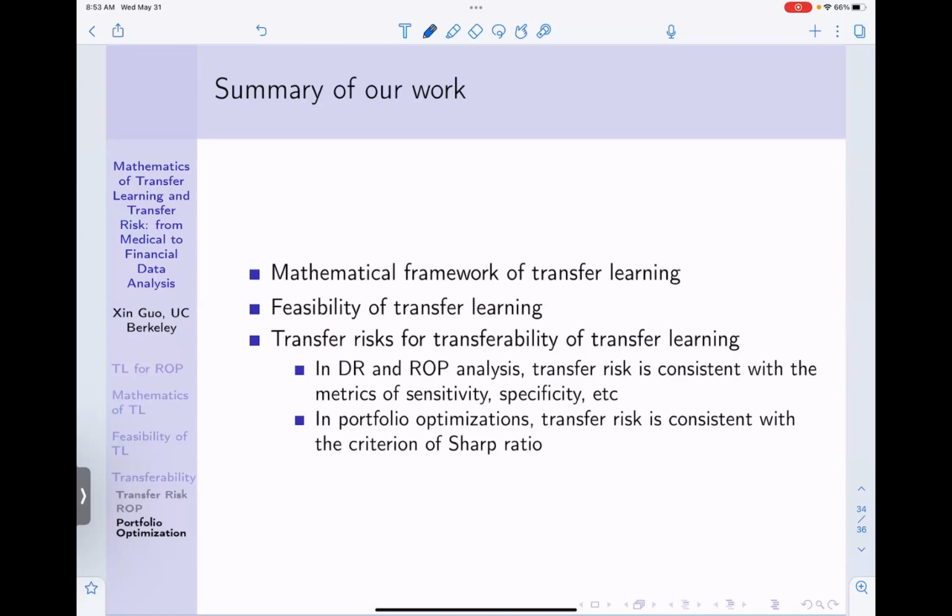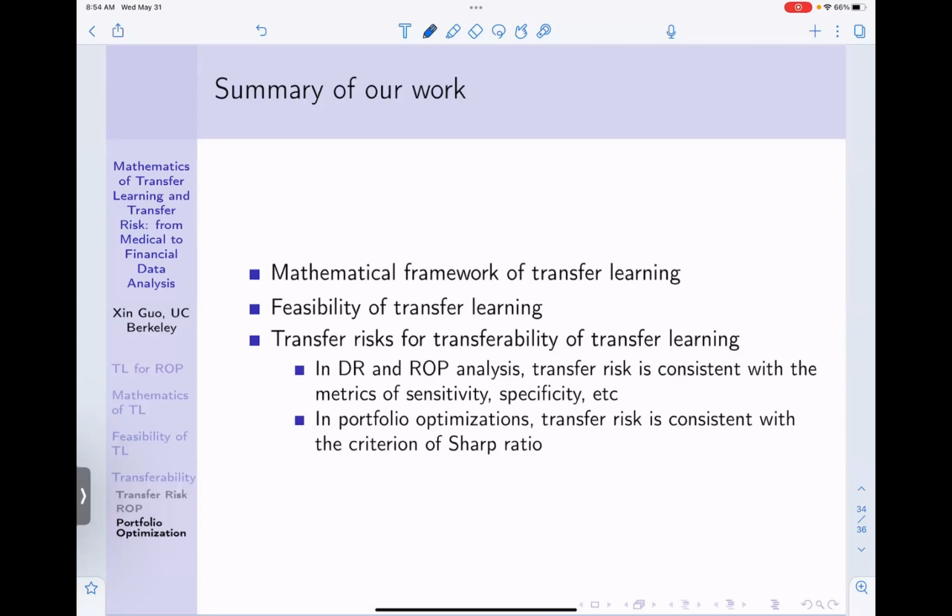You just have to make sure your choice functions are correct, and also your data set is appropriately compact. Building on this feasibility of the transfer learning framework, one can go a step further to find out the relevance of different source tasks to the target task in terms of transfer risk.